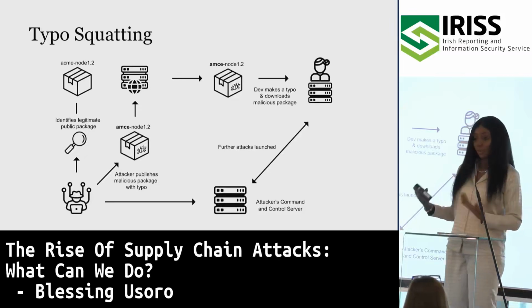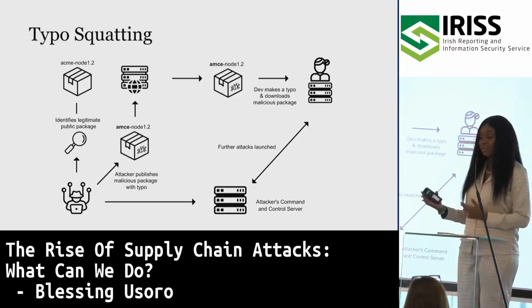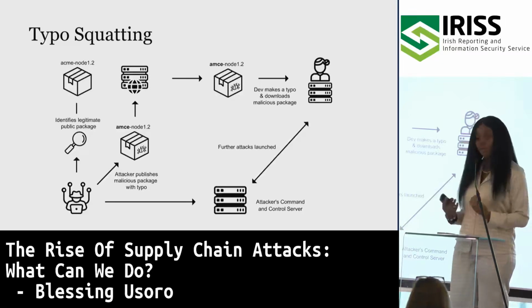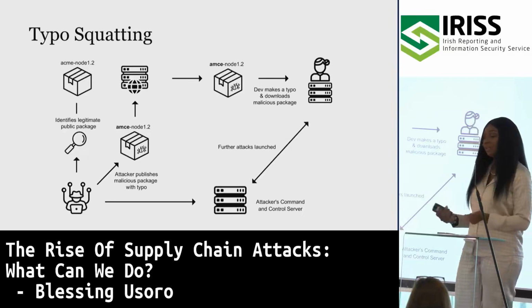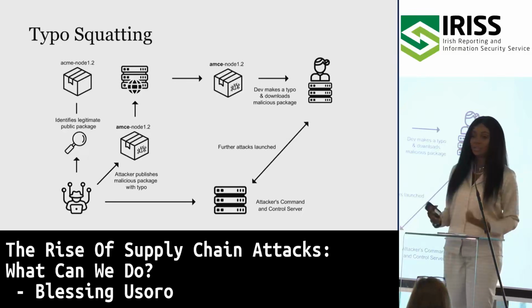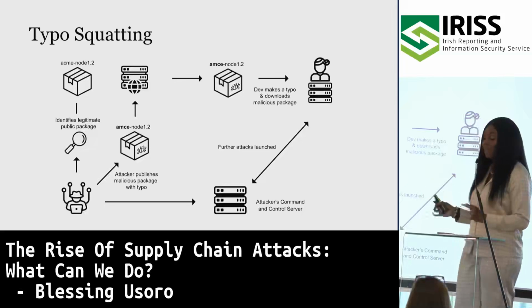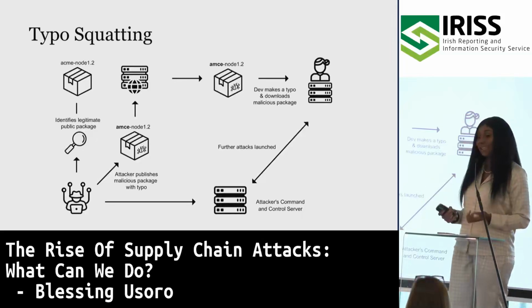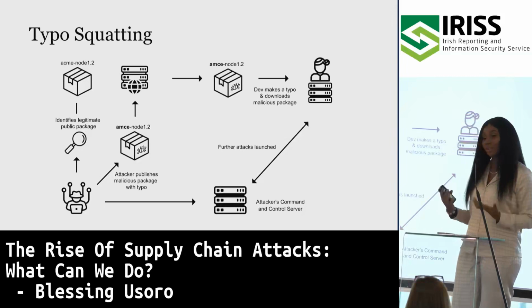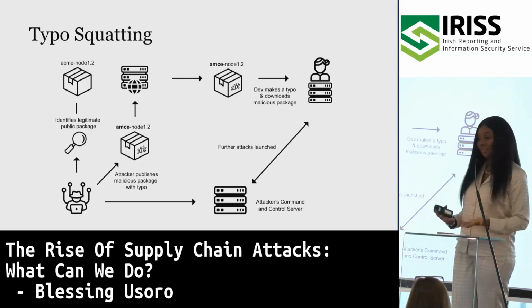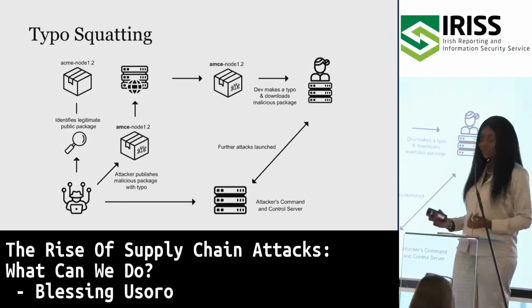And then you as a DevOps engineer, software engineer, you go to the internet and you make similar mistakes. It's possible. Let's not say, oh, I don't make mistakes. We all make mistakes. So you make this typo and then you download the malicious package from the internet down to your network server.